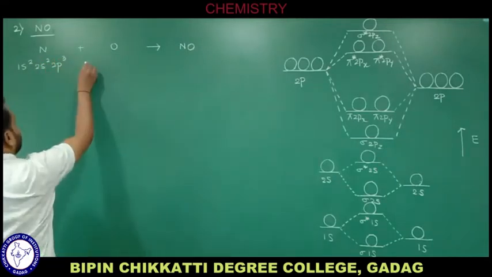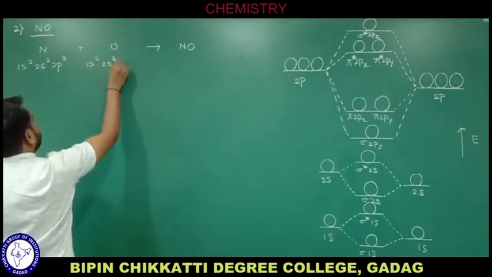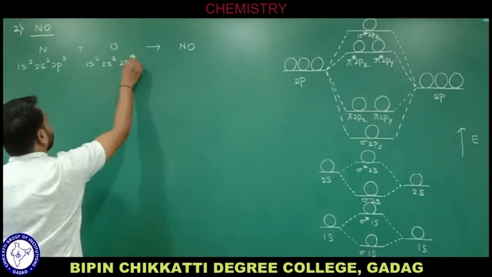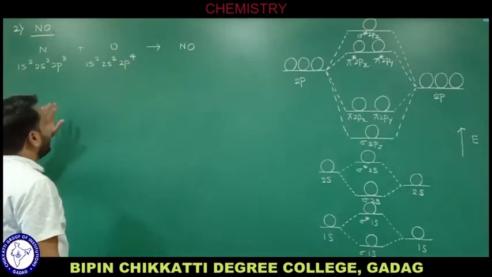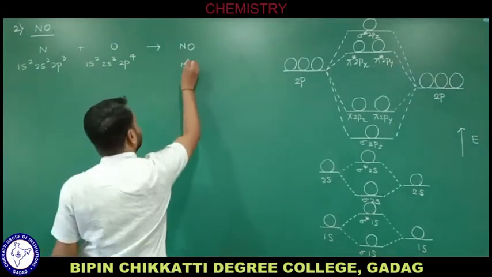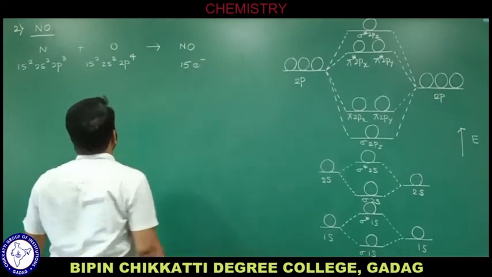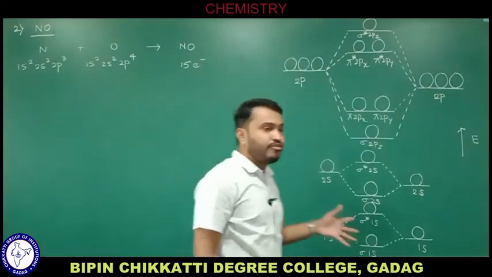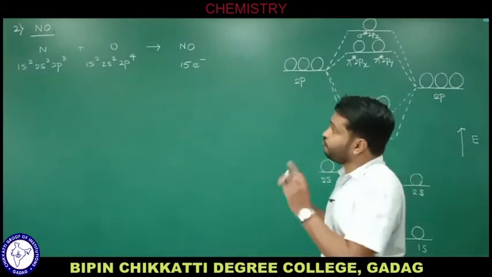Whereas oxygen atomic number is 8, therefore electronic configuration 1s2, 2s2, 2p4. So 7 electrons from nitrogen and 8 electrons from oxygen. Totally nitrogen monoxide NO has 15 electrons.